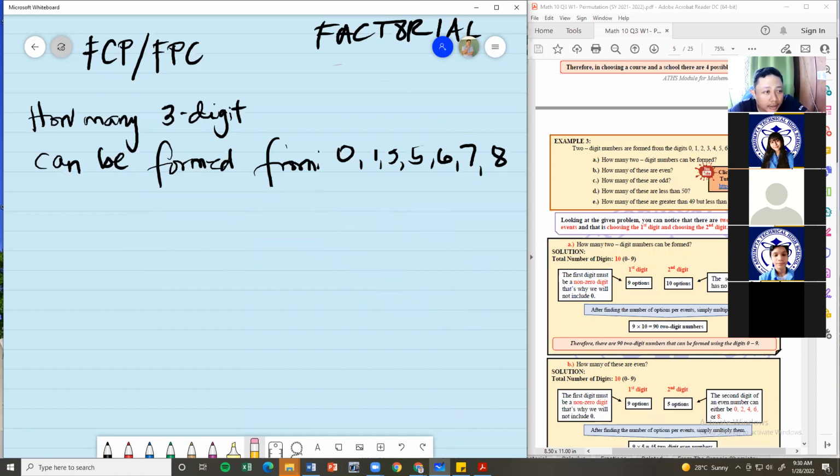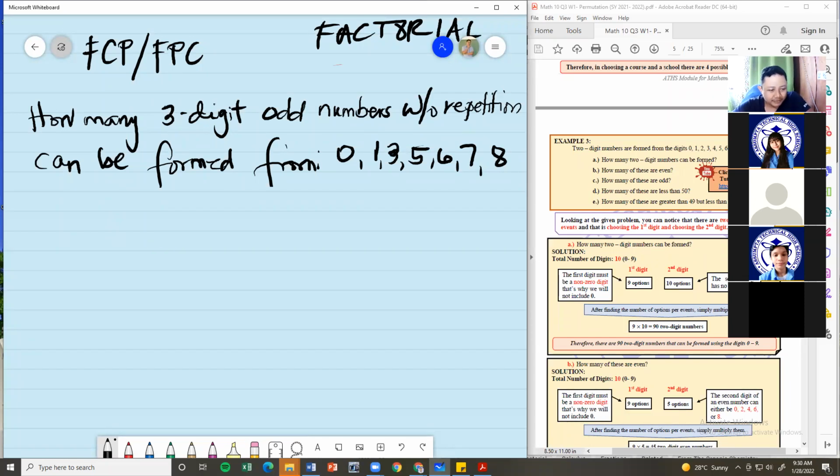Here we go. So how many 3-digit odd numbers without repetition can be formed from 1, 3, 5, 6, 7, and 8?